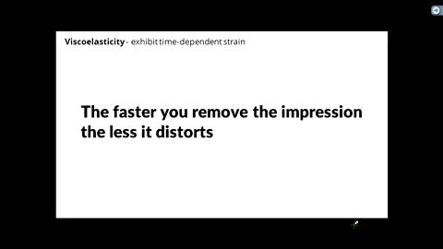Remember, it's time-dependent. So the less time it takes for you to remove and have that impression material flex over the undercuts and then recover, the less plastic deformation occurs. With PVS, it generally returns back pretty well, even if you go a little slow.